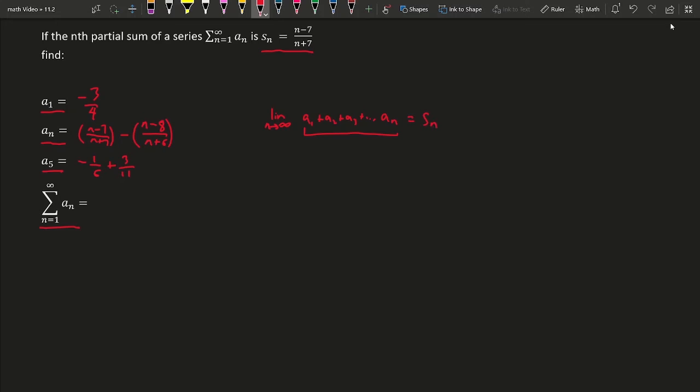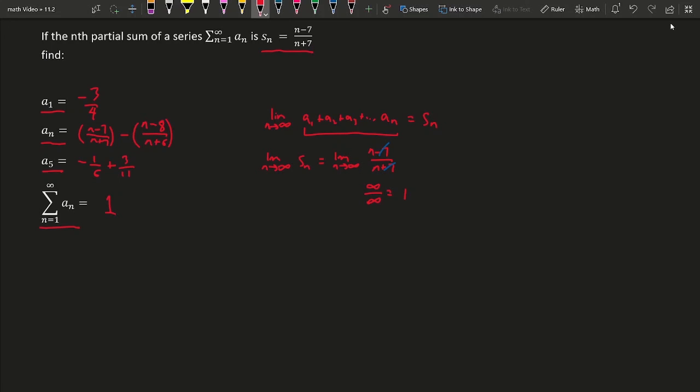And so what we're solving for now is the limit as n approaches infinity of s of n, which is equal to the limit as n goes to infinity of n minus 7 over n plus 7. As n becomes larger and larger, these two constants will essentially go away. And what we're left with is really just infinity over infinity, which is 1. So the sum of this series from n equals 1 to infinity is just 1.